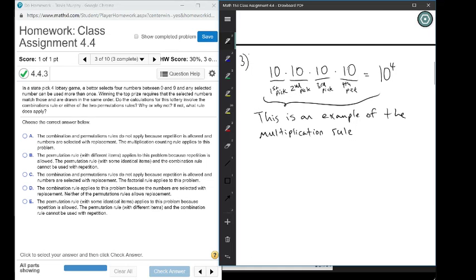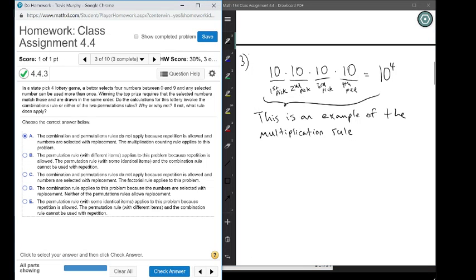That would be a permutation or a combinations problem. And we're not making a pick of 4 but then not replacing a digit after you've used it. That would be an example of factorial. So here, this is an example of a multiplication rule. So we want to go with, it looks like A.